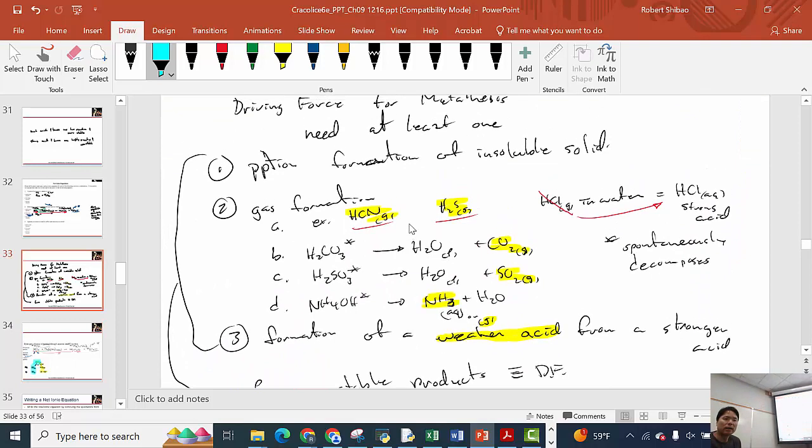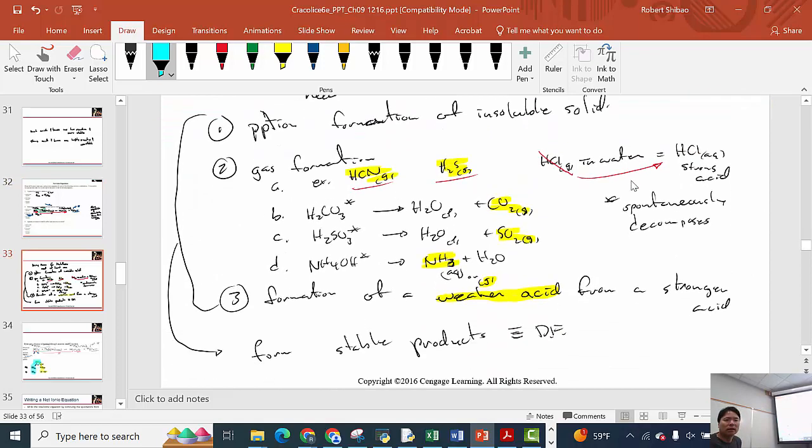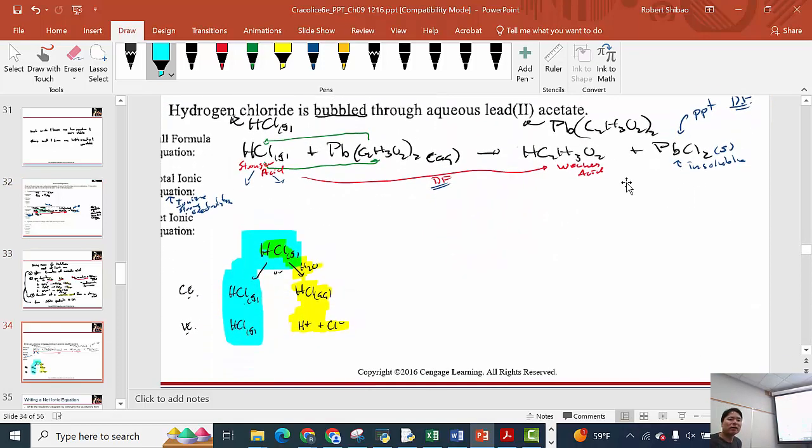Okay, so let's go back here. And what we're going to do is try to figure out what all is happening here. In the ionic equation, we're going to see what the major species are that are reacting in this particular reaction.